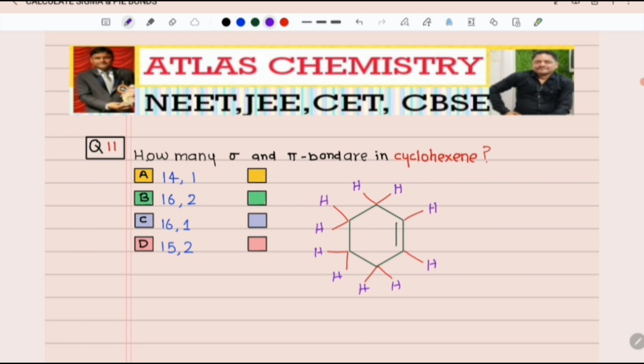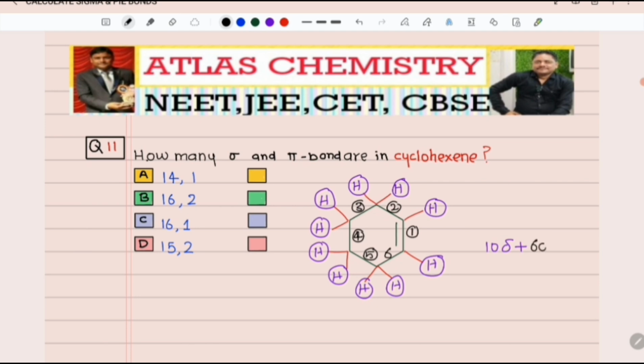How many hydrogens are there? There is one hydrogen, two, three, four, 5, 6, 7, 8, 9, 10. So there will be 10 sigma bonds, plus if we see in the ring, there are 1, 2, 3, 4, 5 and 6.